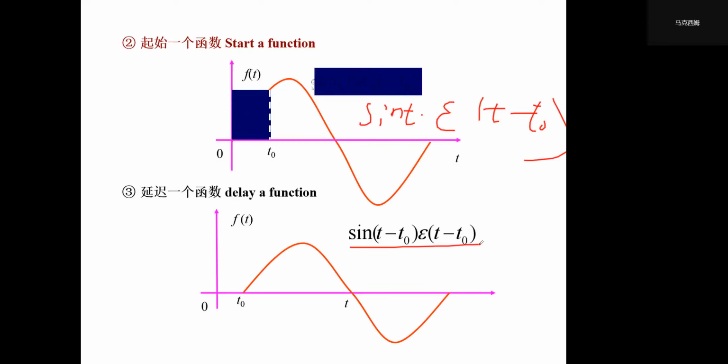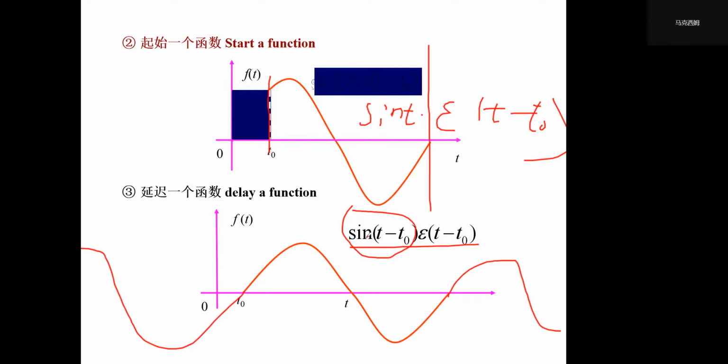We know that the sin t is infinite, but if we only want one part of it, we can use this. So we use this function to cut off the function. But when we meet the sin t, we're going to meet it in a future lecture.